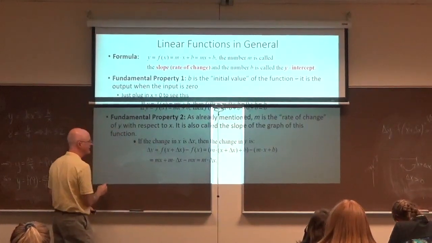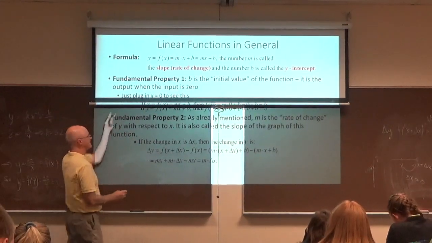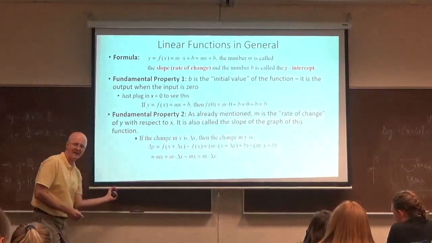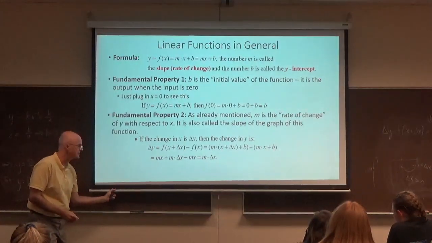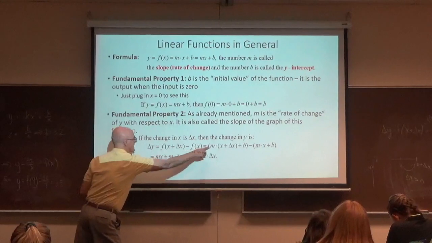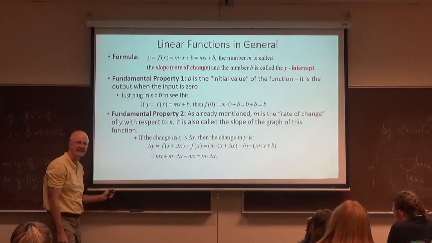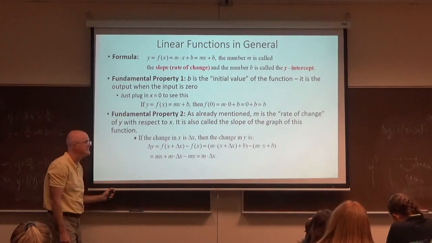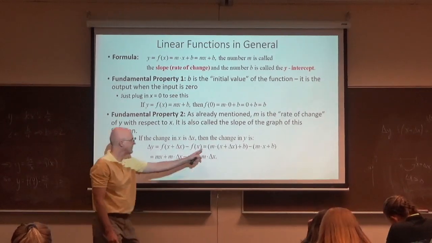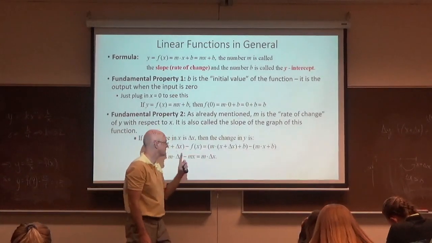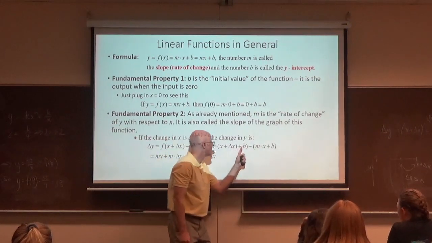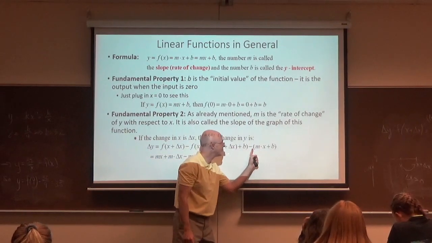Well, it's a lot to write. We find just writing it on your own, maybe, or just making a note to yourself. And going from here to here, I really did a couple steps, one of which included canceling the b's, one b coming from here and one minus b coming from here.